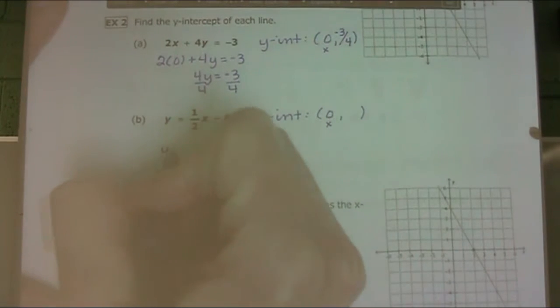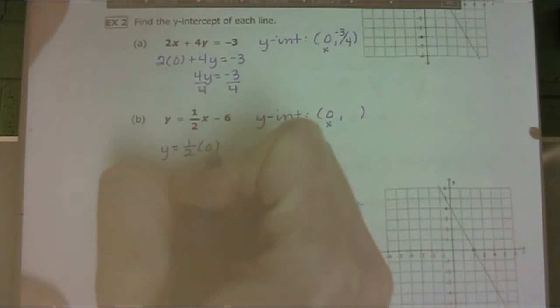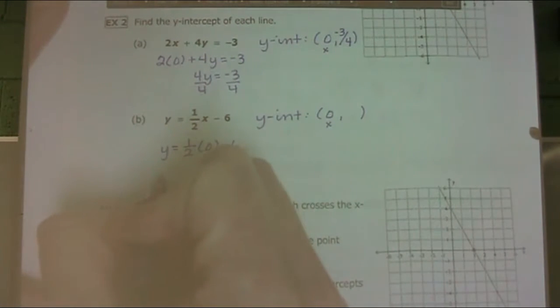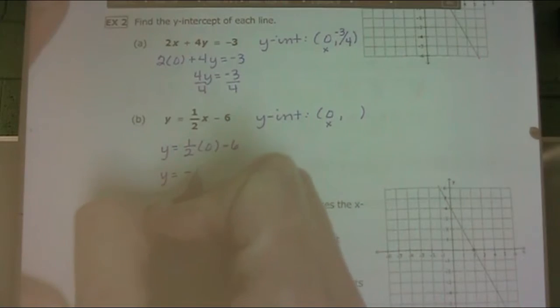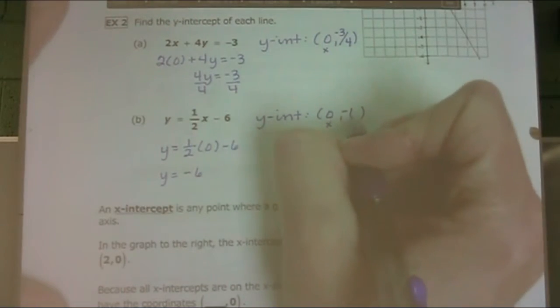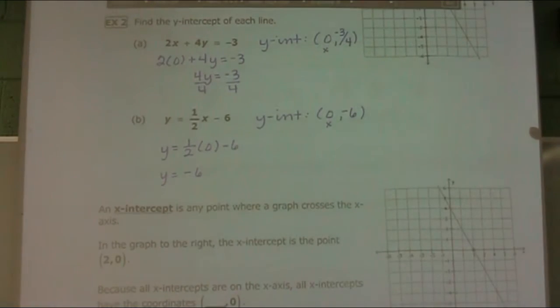So I have y equals 1/2 times 0 minus 6, which gives us y equals negative 6. So 0, negative 6 is the y-intercept. And this would be how you find the y-intercept for any graph. Not just the line, but any graph. You're going to plug in 0 for x and then solve for y.